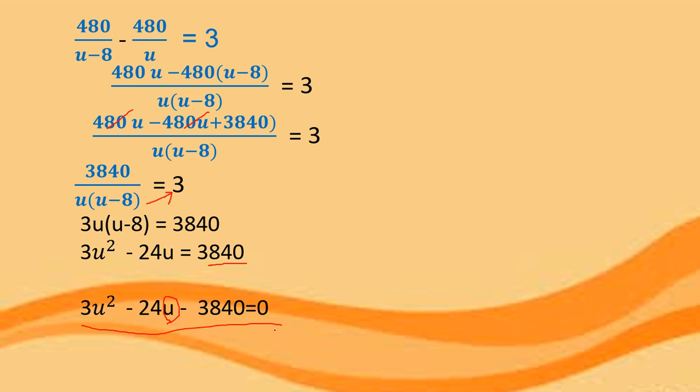By solving this equation for the variable u, we can get the actual speed of the train. In this way, we can form the quadratic equation using the given statements.